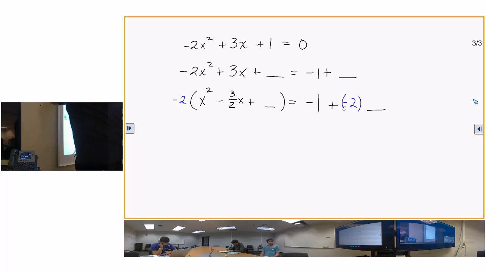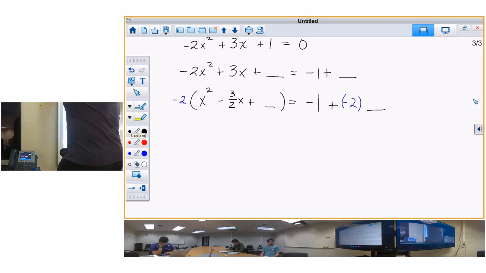Whatever we factor out, we have to multiply on the right side. Now this is very important. I'm going to write out everything. I'm not going to try to do it between the two blue lines of your notebook paper like some of y'all try to do.